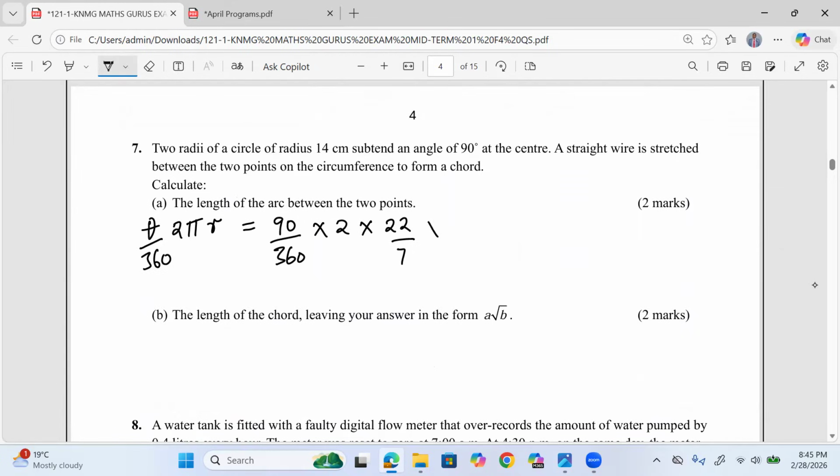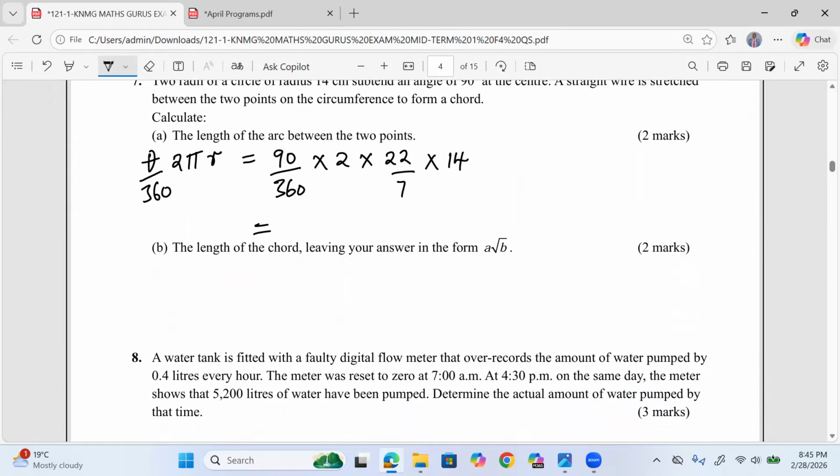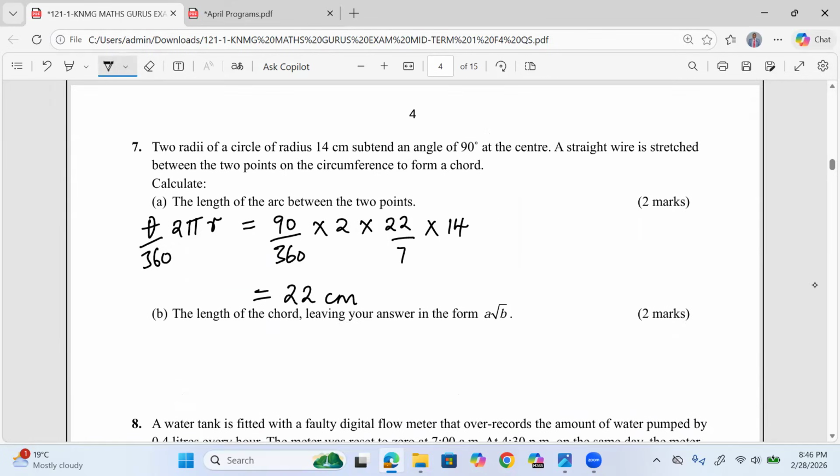What do we get here? Now, this is a quarter. 90 over 360 times 2 times 22 over 7 multiplied by 14, giving us exactly 22. I hope that is properly multiplied and without any error.